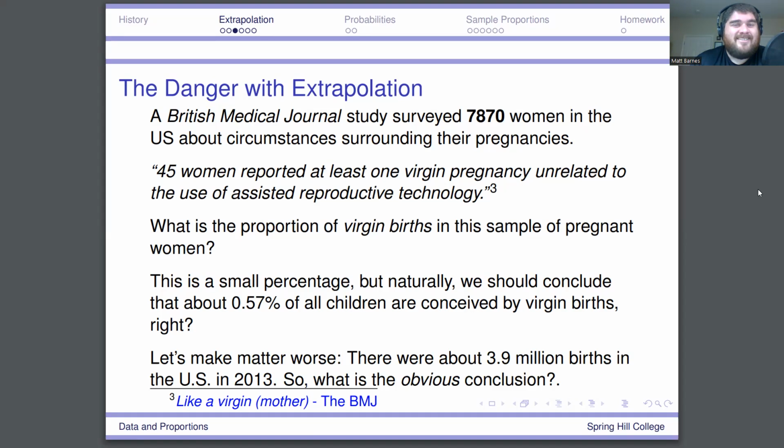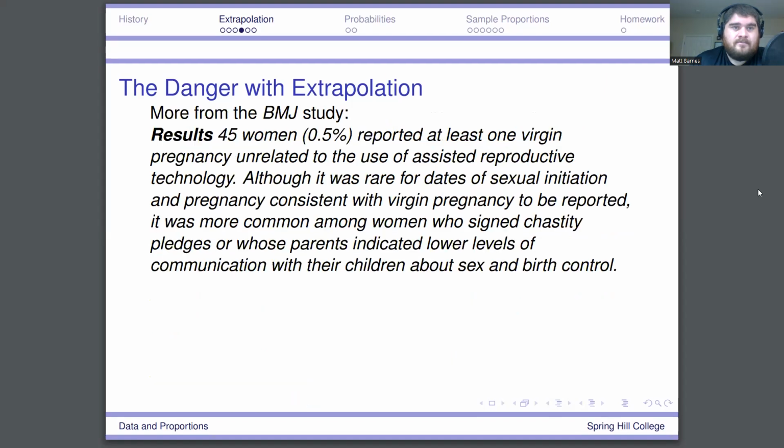All of a sudden, that starts to give us a large amount. I think it's just over 200,000 virgin births in the US in 1 year. Right, so let's go to the study and see what they say about this fact, because obviously that's not something that we would take at face value and believe.